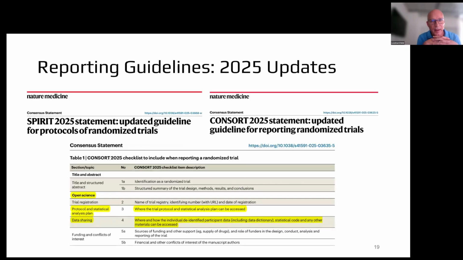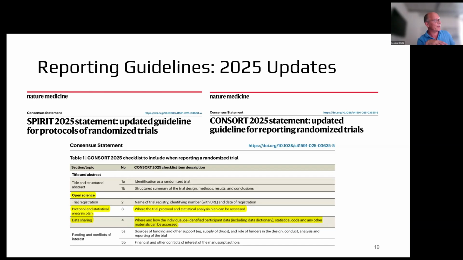Some of you may be aware of this already, that the reporting guidelines, SPIRIT and CONSORT, had updates last year. So CONSORT 2025, SPIRIT 2025. Here you see a screenshot of the CONSORT guidelines, and the same new entries are in the SPIRIT guideline. The new entries are on open science.